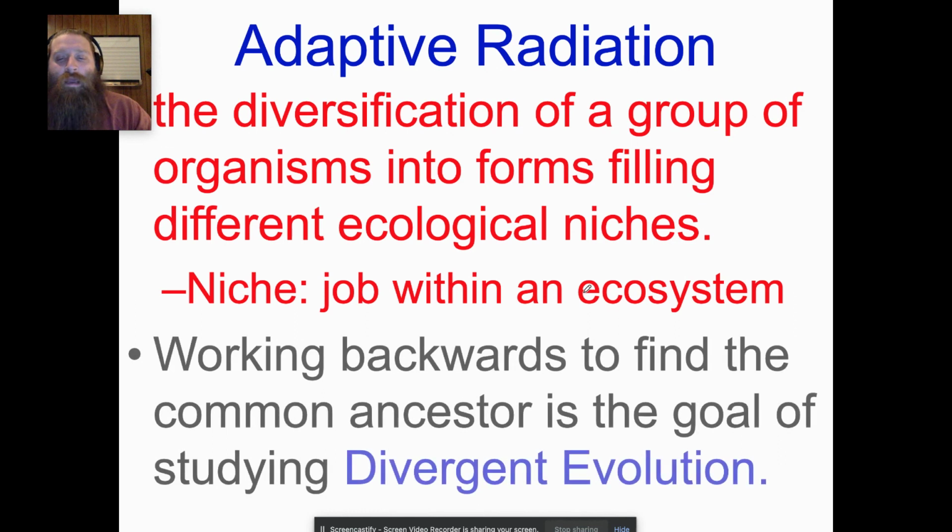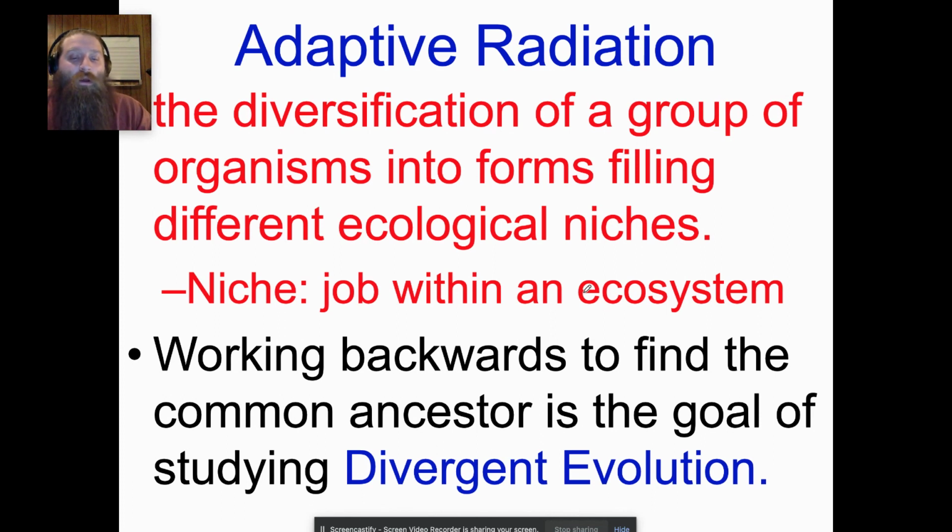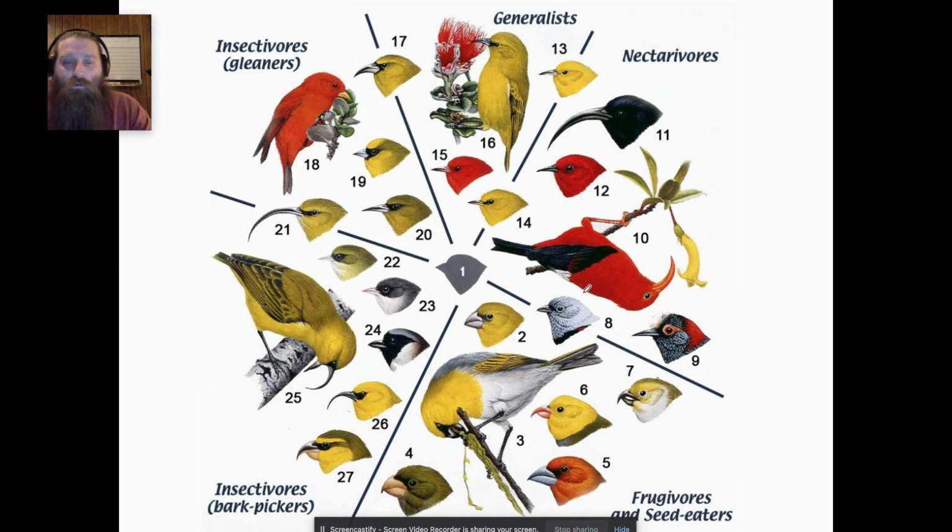If you work backwards to figure out the common ancestor of an adaptive radiation population, we call that the study of divergent evolution. So they've diverged from one common ancestor. A great example of that are these little finches, these little birds. Number one there is our common ancestor, and from that common ancestor, we have all these different birds that fill a different niche in the environment.